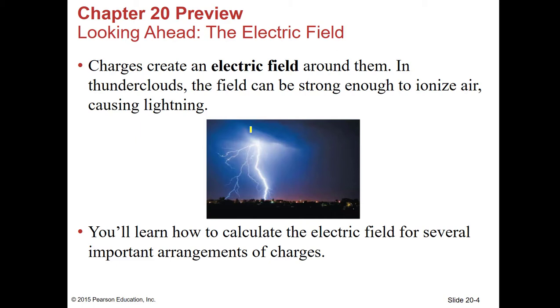There is an analogy to what we did with masses. So the Earth has a lot of mass. It has a gravitational field. And other masses in the Earth's gravitational field experience a force. And we saw that the weight was equal to mg. So you could think of g as being the Earth's gravitational field.